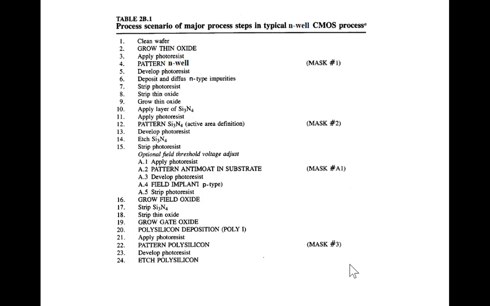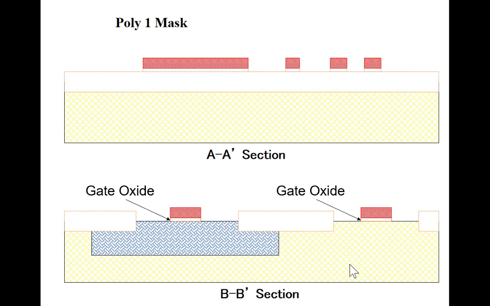I should emphasize that they're made at the same time. And since they're made at the same time, what does that tell us about COX for the N channel and the COX for the P channel transistors? It should be the same, because we make the oxide at the same time. Could we do them separately? Yes.